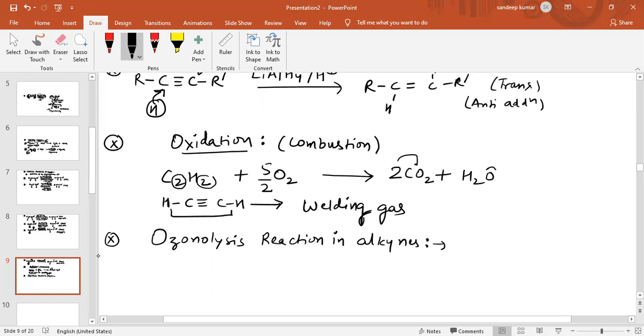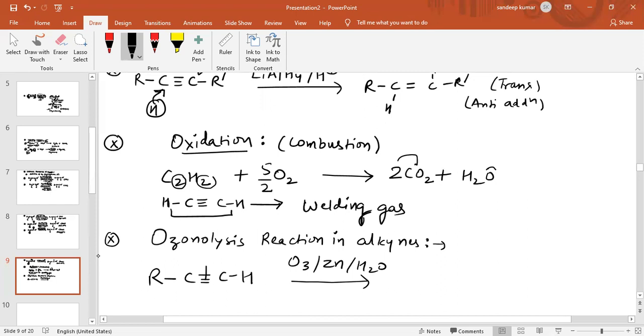Basically, if an alkyne is given like this, R C triple bond CH, and ozonolysis in the presence of ozone and zinc, and for hydrolysis you can take H2O or H2O2. Because the two pi bonds will break, one single bond will remain as it is.